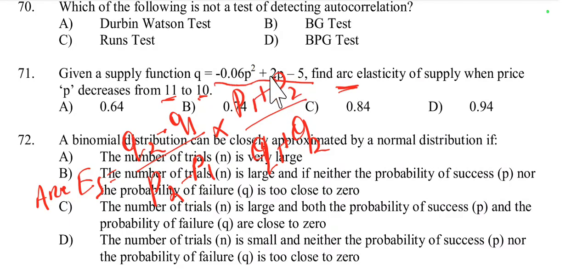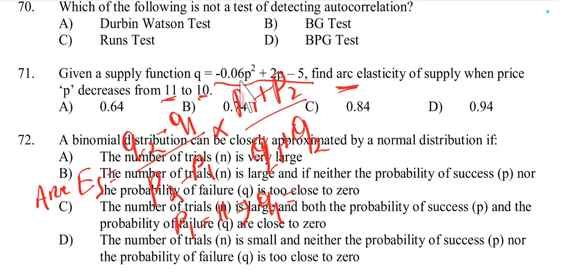So by putting P1 equal to 11, Q1 is equal to, just replace the value, 0.06 into P square. P value is 11 square, 121, into 0.06.